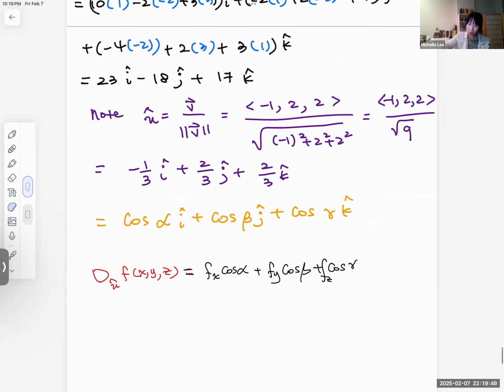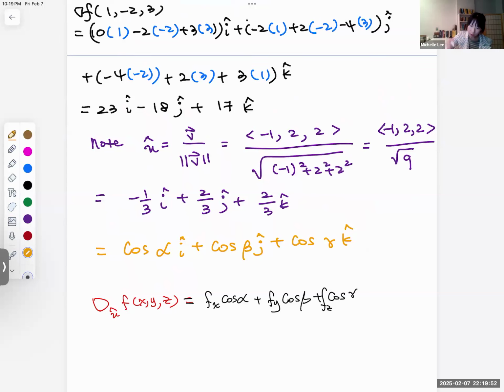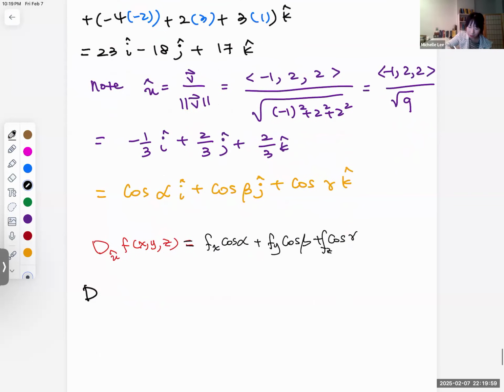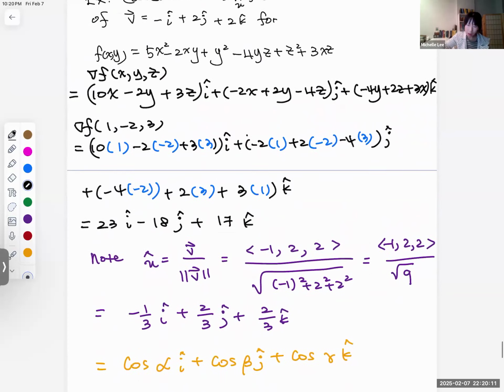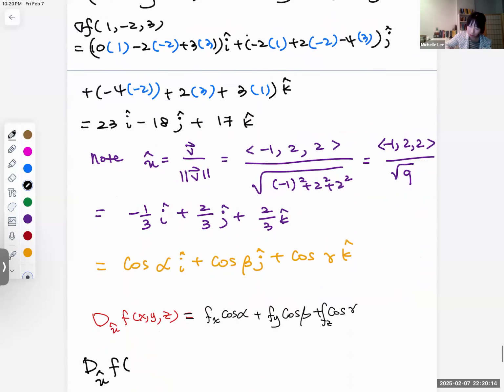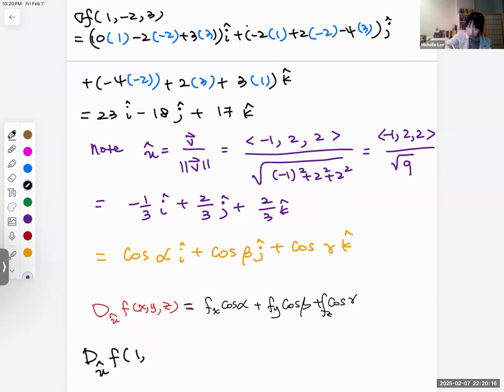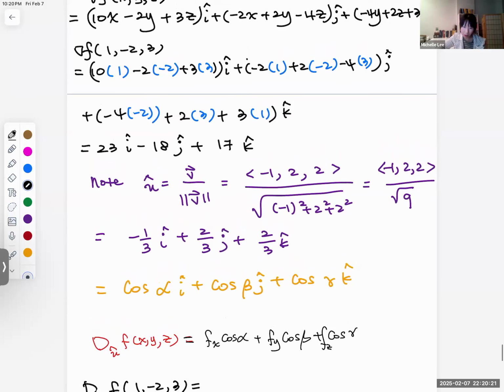All right, so we have the directional derivative of f at 1, negative 2, 3, right? So positive 1, negative 2, 3 equals the partial derivative with respect to x at 1, negative 2, 3.